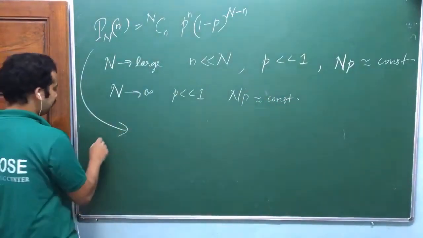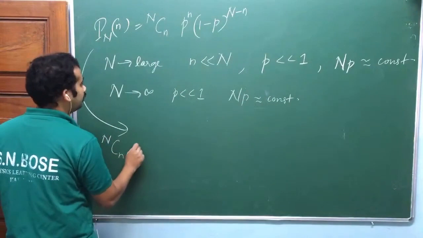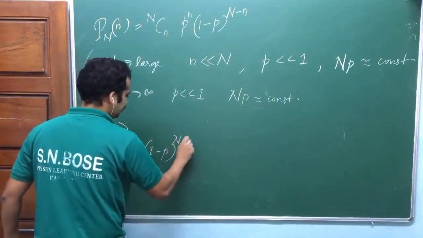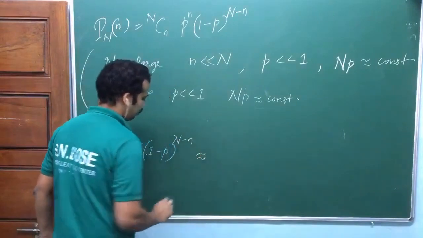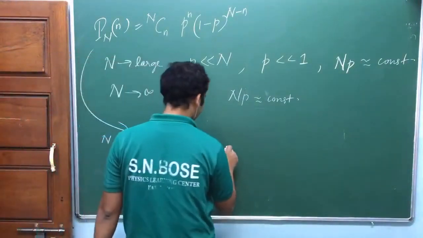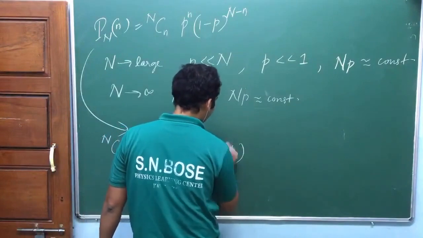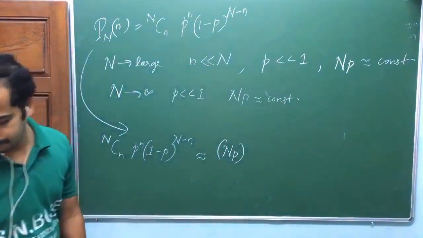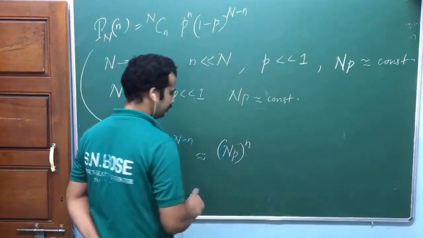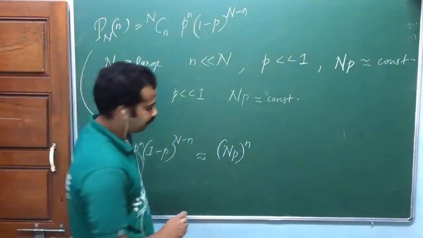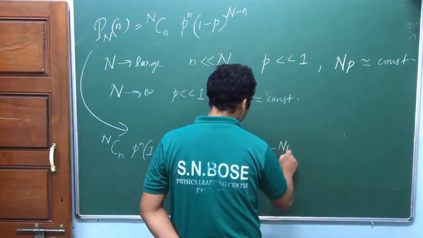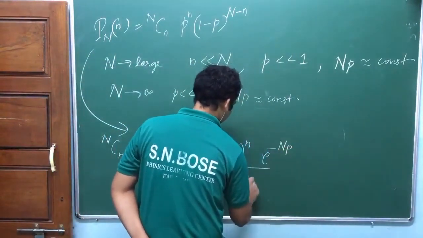So can I write it like this? N C n, p raised to n, 1 minus p raised to N minus n, that's nearly equal to (N into p) whole raised to n, multiplied with e to the power minus N p, divided by n factorial.